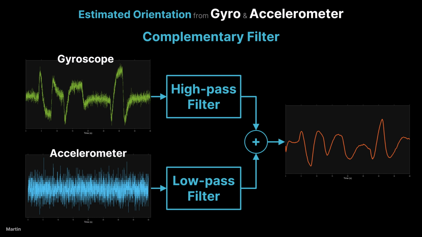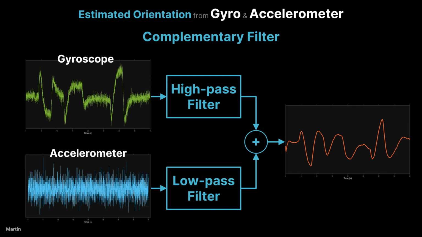To address this, a high-pass filter is applied to the gyroscope data. This allows the filter to retain fast, short-term changes in motion while attenuating long-term drift. On the other hand, the accelerometer provides an absolute reference by sensing the direction of gravity. It is stable over time but susceptible to short-term noise and disturbances during movement.